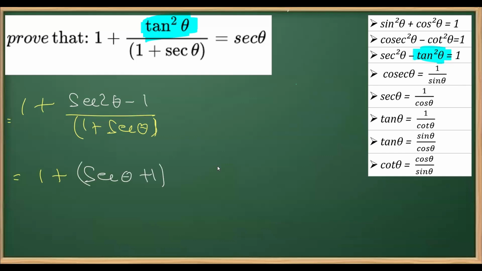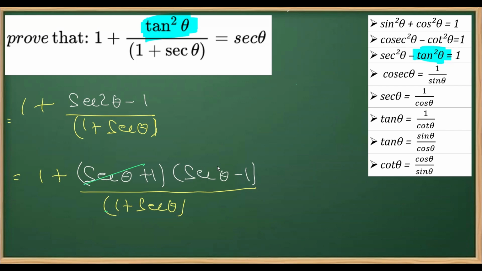So it's a plus b multiplied by a minus b, and that whole divided by 1 plus secθ. Here too you can see this and this get cancelled. What we are left with is 1 plus secθ minus 1, so this is secθ minus 1. Check again, minus 1 and plus 1 get cancelled, and we are left with secθ, and that is the RHS.